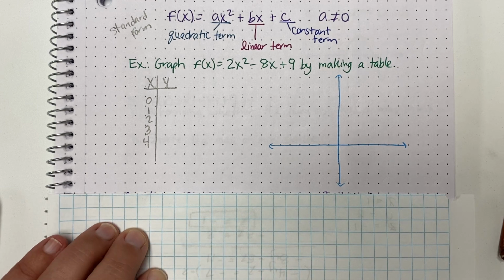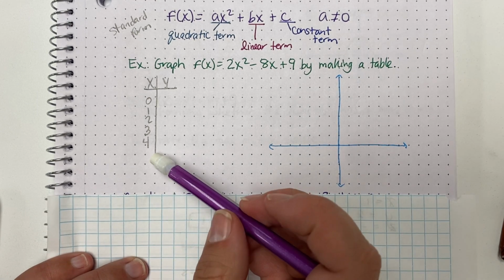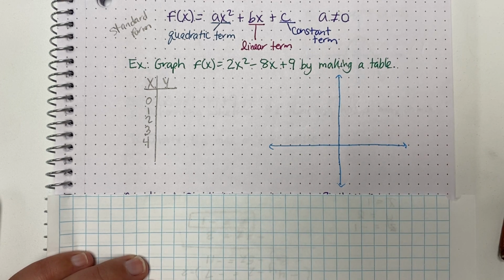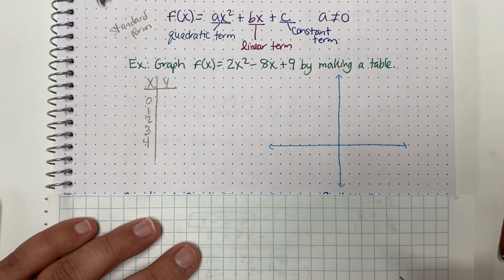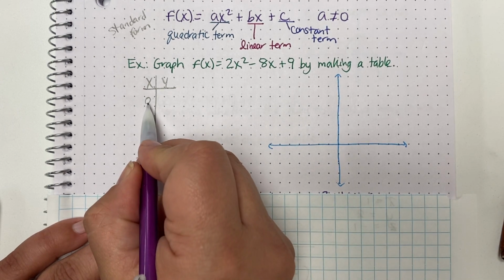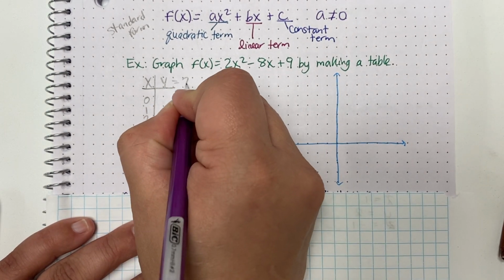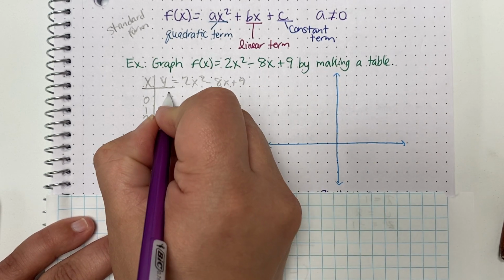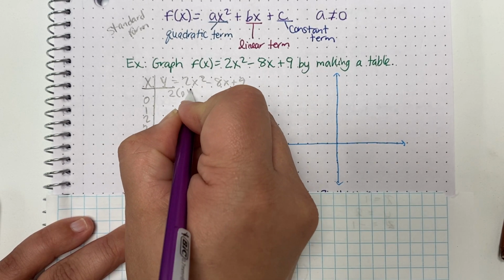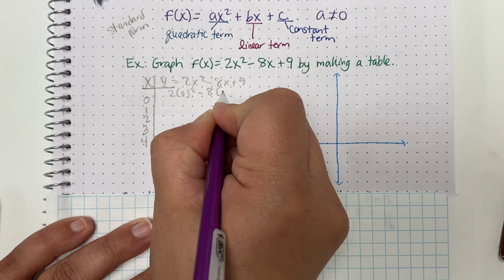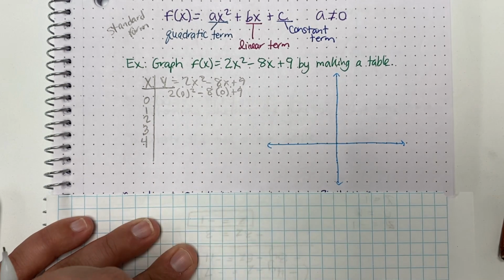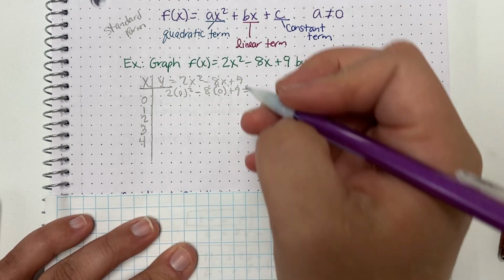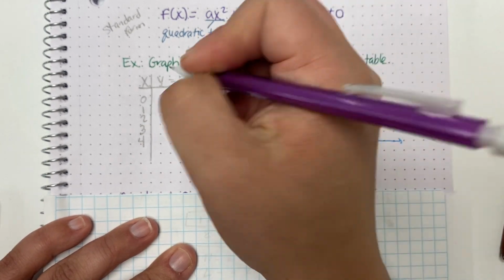When you do this, you'll have to look and see whether the x's are showing you a parabola. So you take your 0 and plug it in everywhere that x equals 0. So I'm going to have 2 times 0 squared minus 8 times 0 plus 9, and I'm going to throw that in my calculator and find out that that equals 9.